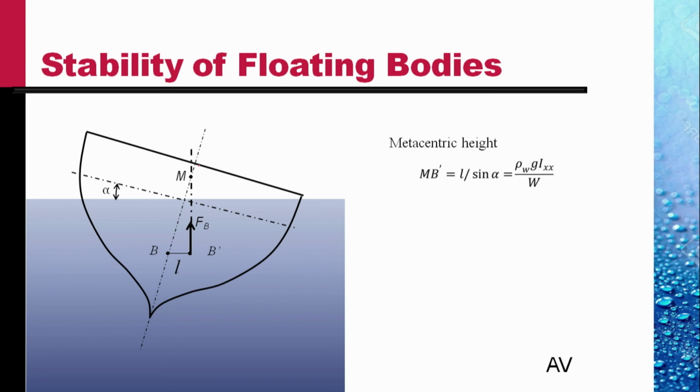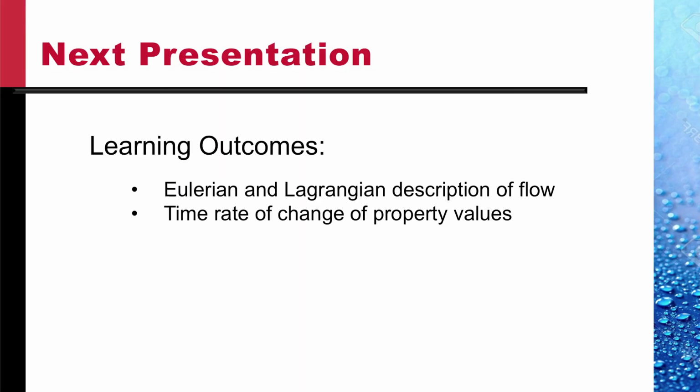So, while loading a ship, the captain and crew of the ship ensure that the CG of the ship is low enough, well below the metacenter. The metacentric height is the property of the ship geometry and the weight of the ship. It plays a very important role in floating of the ships. Thank you very much.